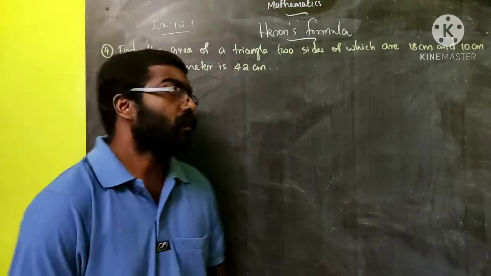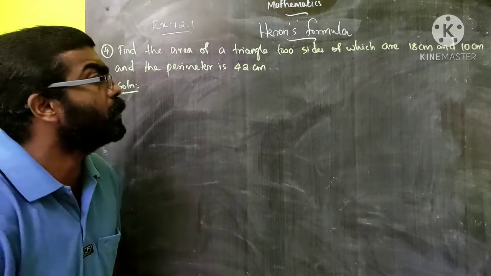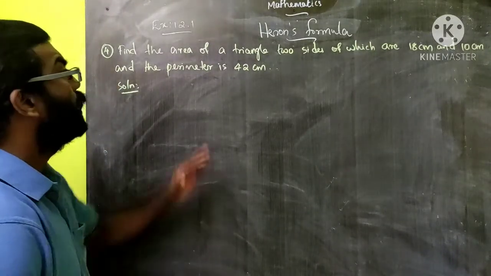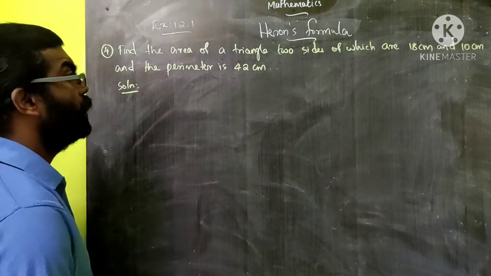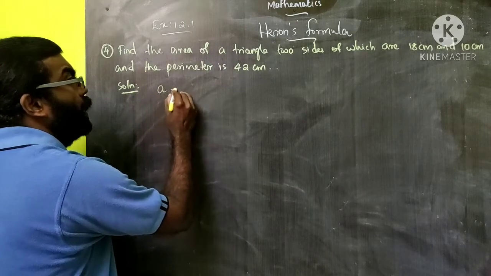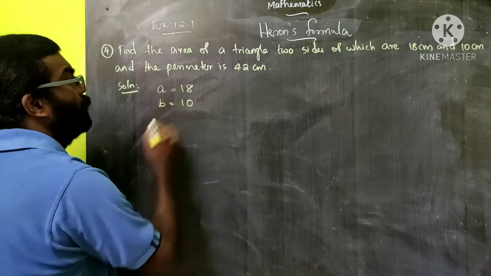Now the next one is find the area of a triangle, two sides of which are 18 centimeter and 10 centimeter, and the perimeter is 42 centimeter. So two sides and perimeter are given. So let us take the two sides are A and B. A is equal to 18, B is equal to 10.